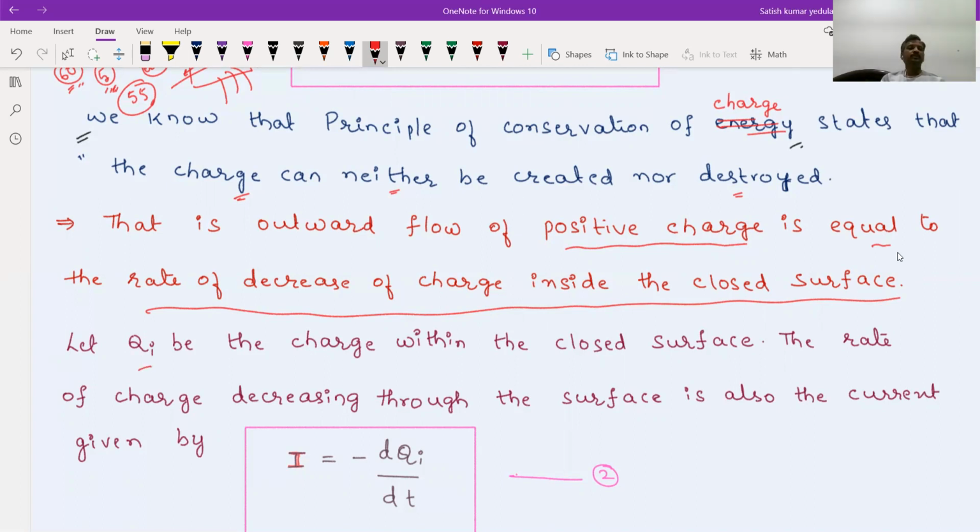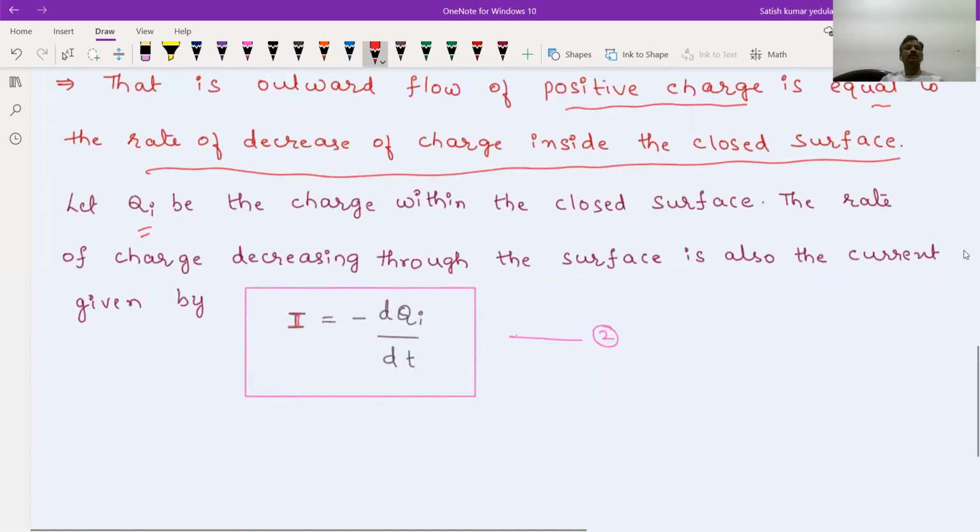Now initially, Qi is the total charge within the closed surface. The rate at which charge is decreasing through the surface S is also denoted by a current I. You can denote this current as the rate of decrease, let us say I_D, which means a decrease current, which is equal to the rate of change of charge, dqi by dt, but because it's a rate of decrease, you should always keep a minus there.